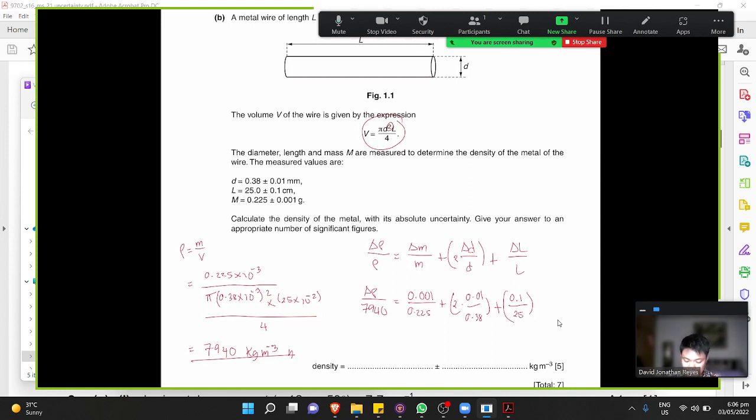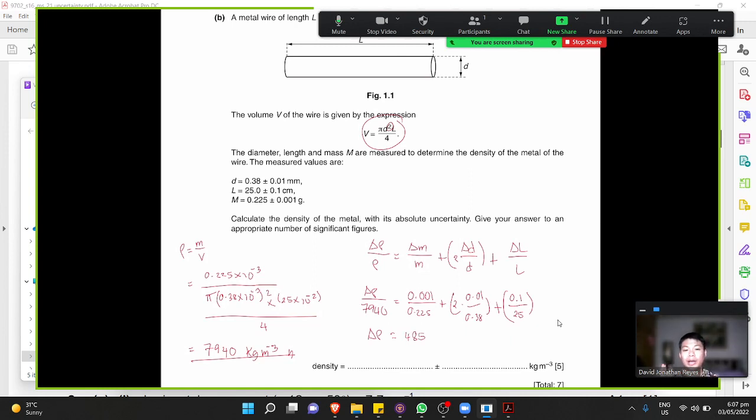So solving all of this so that we can get this delta rho, let me just solve it real quick. 0.001 all over 0.225 plus 2 times 0.01 over 0.38, plus 0.1 over 25, multiplied by 7940. You'll get 485 as your absolute uncertainty.